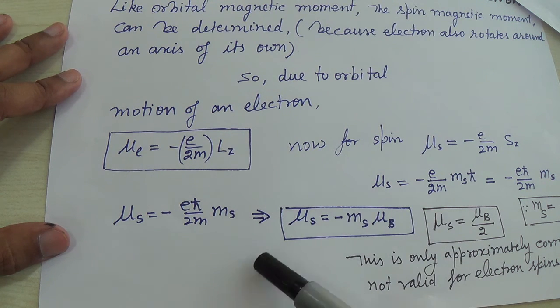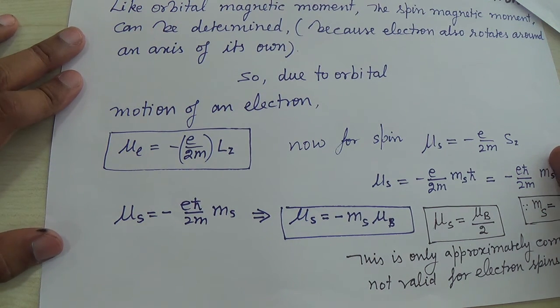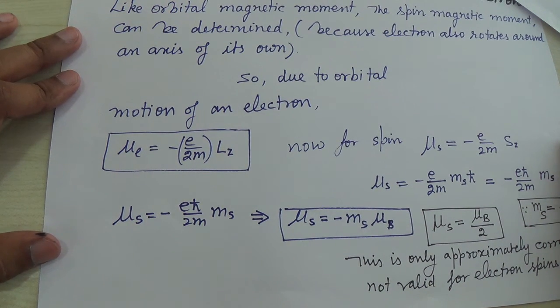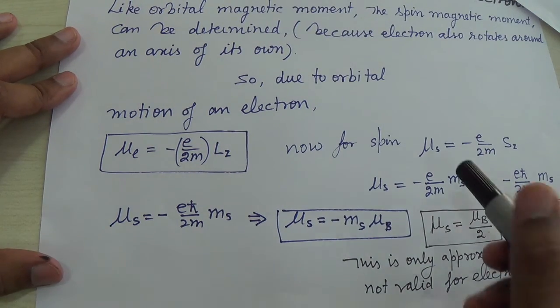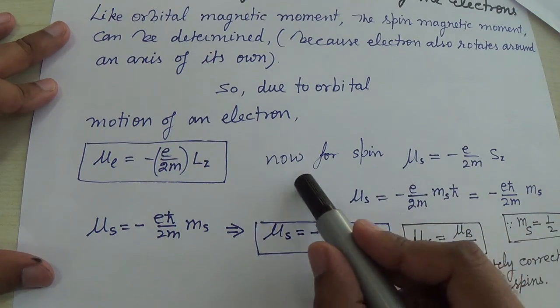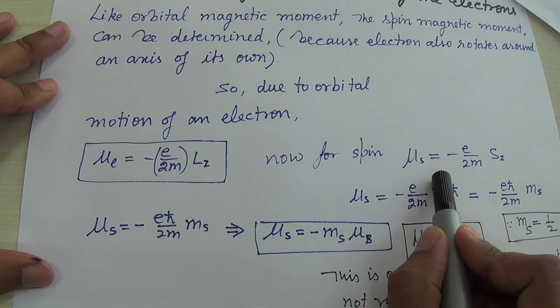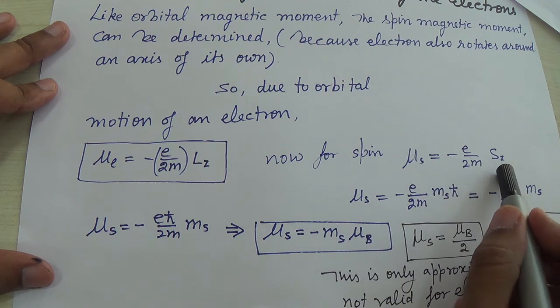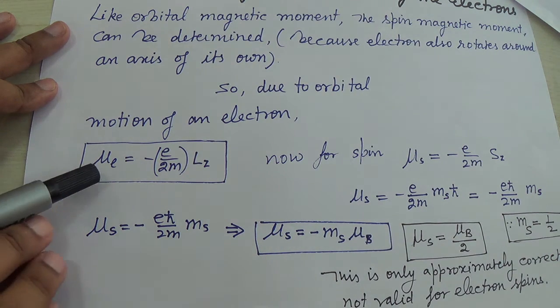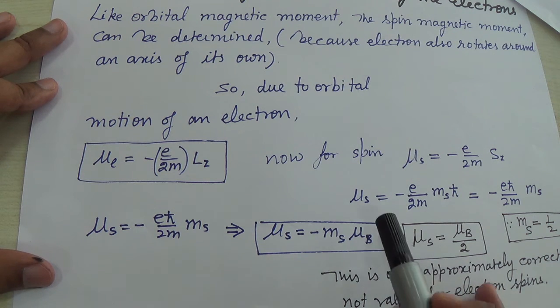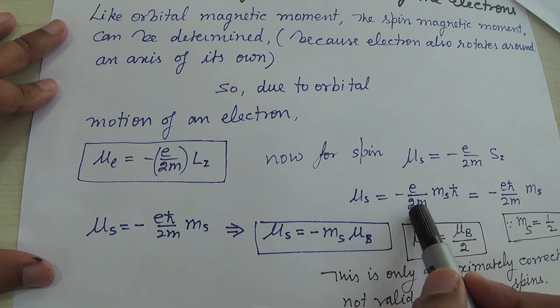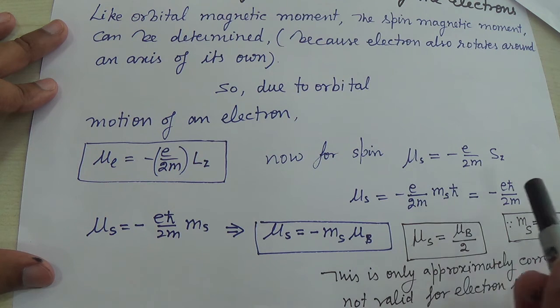Similarly, in the same fashion, if we derive the formula for the magnetic moment in the case of electron spin, it will be the same. For spin, mu s is equal to minus e upon 2m Sz, as we have derived here. So mu s is equal to minus e upon 2m times ms h cross.